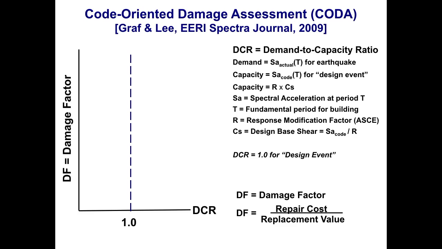The x-axis is a demand to capacity ratio, where the demand is the spectral acceleration at the ground at the period of the structure, and the capacity is the product of the R factor and the seismic base shear Cs.